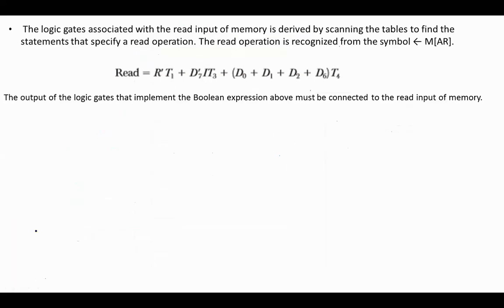The logic gates associated with the read input of memory are again derived by scanning the tables to find the statements that specify a read operation. And we are scanning the tables for this symbol. By scanning the tables, we have the read in these cases: not R, T1; not D7, I, T3; and T4 ANDed with D0 or D1 or D2 or D6.